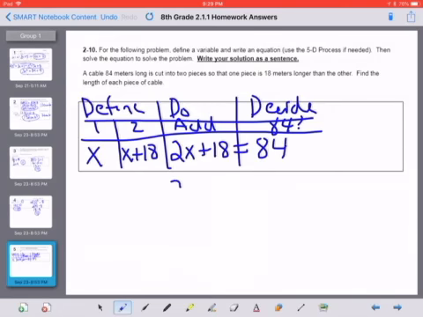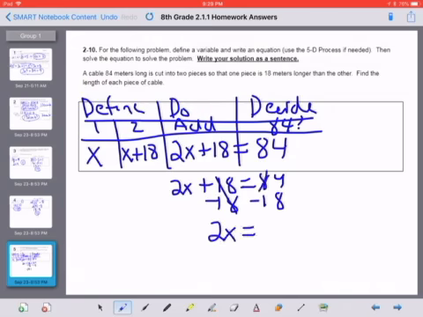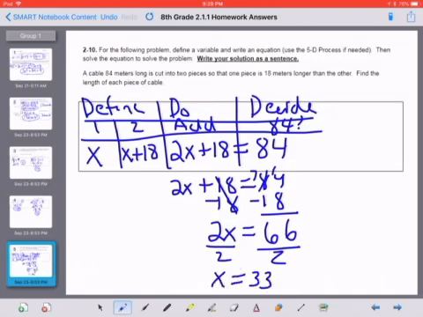So then I'm going to solve that. So 2X plus 18 equals 84. I subtract 18 from both sides. I get 2X equals 66, divided by 2. One of my cables is 33. So I know one cable is 33.